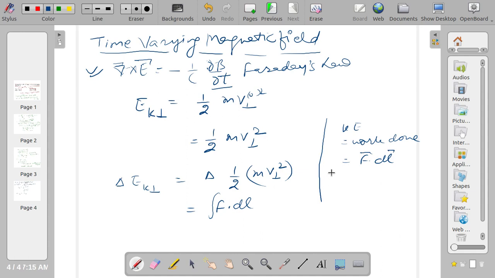If we are moving from one point to another point, then the total change in the kinetic energy can be written as the integral from a to b of F dot dl. And the force is nothing but qE if some charge is placed in some electric field.